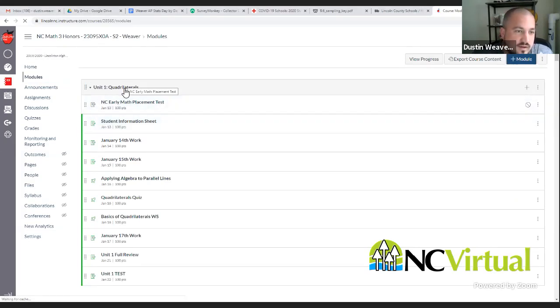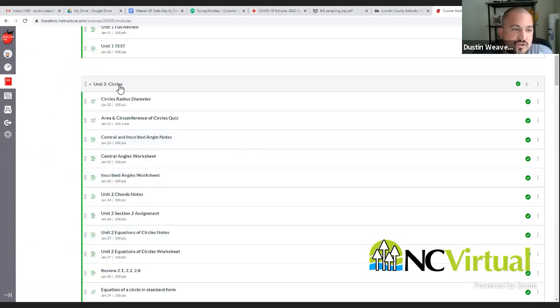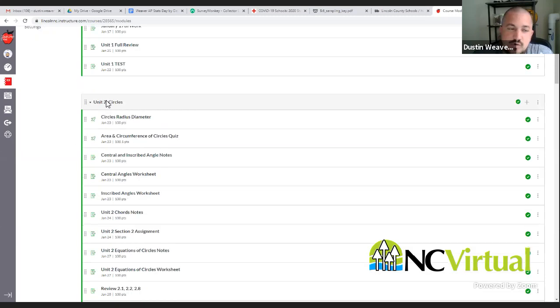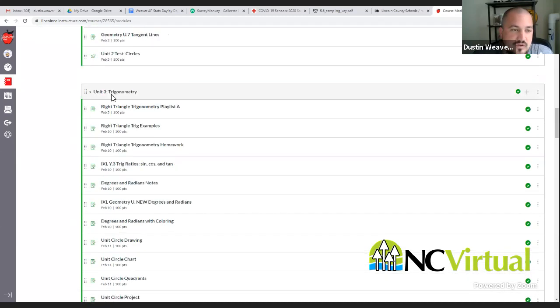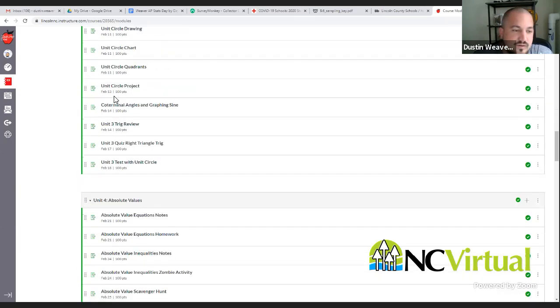Unit 1, early in the semester, was on quadrilaterals. So we learned about quadrilaterals and all the geometric parts of that. Unit 2 was on circles. Unit 3 was trigonometry, so our sine, cosine, tangent, and then the unit circle.